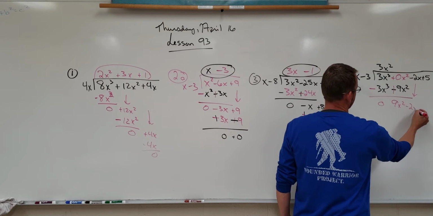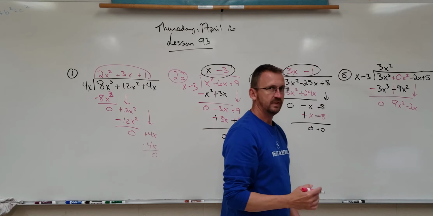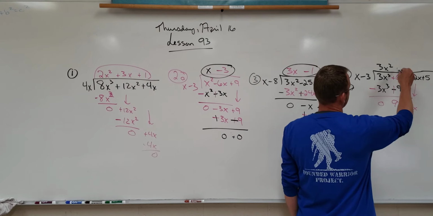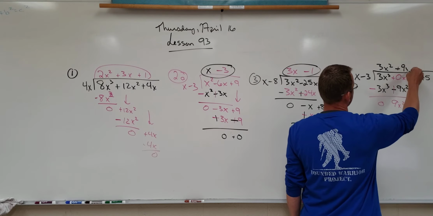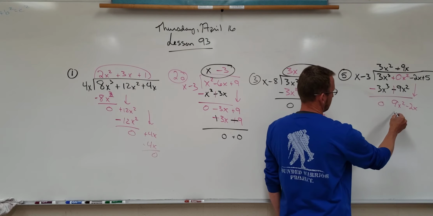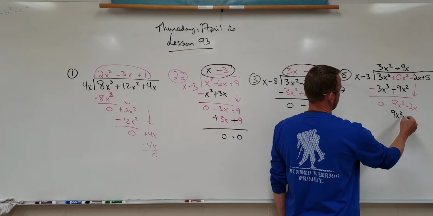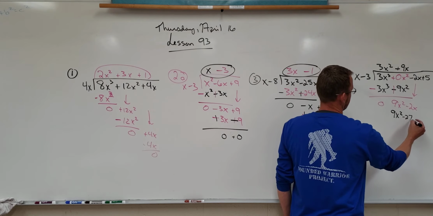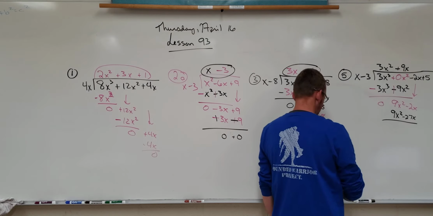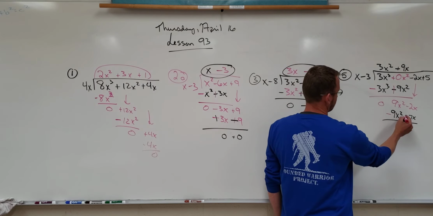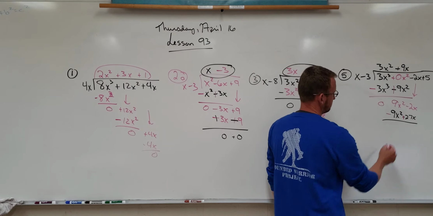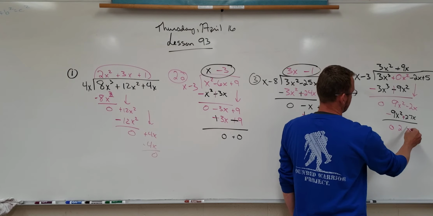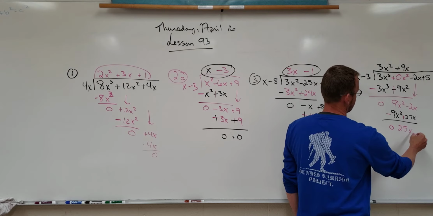Bring down -2. 9x squared divided by x gives me 9x. So I have 9x squared. 9 times -3, -27. Again, subtract, change the sign. Give 0. -2 plus 27 will give you 25x.